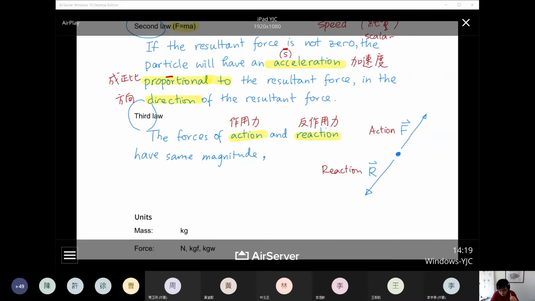I will highlight it afterwards. So we have a lot of new words here. Please write it down, and I'll give time.